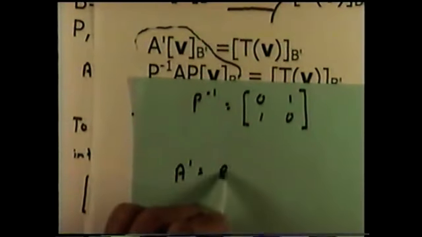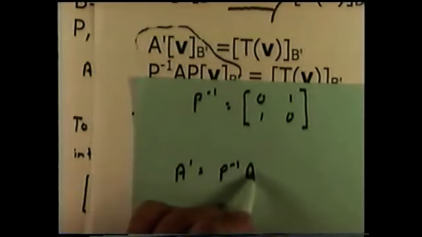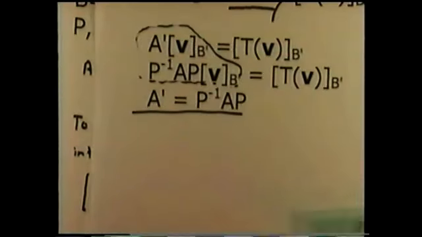So we know that A prime is P inverse AP, which is going to be 0, 1, 1, 0 times A, which is 1, 1, 1, negative 1, times P, which is 0, 1, 1, 0.